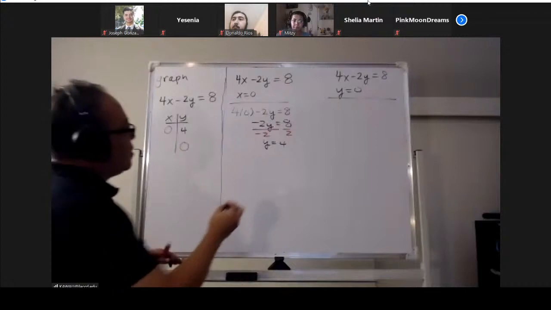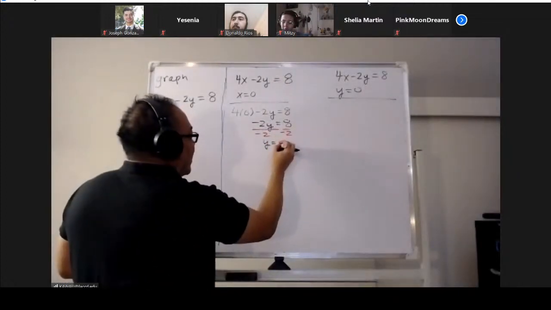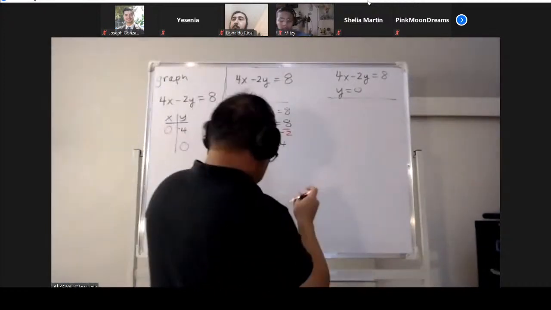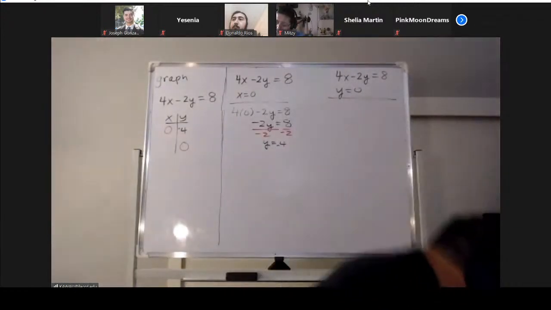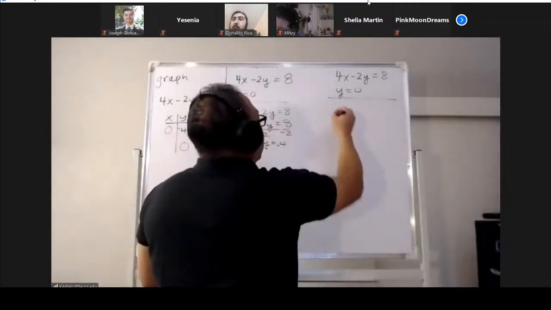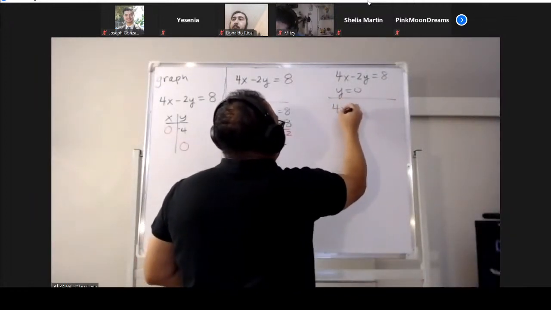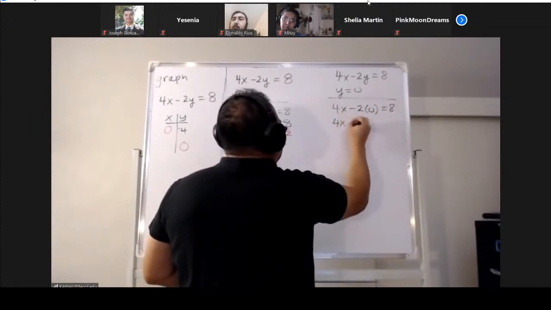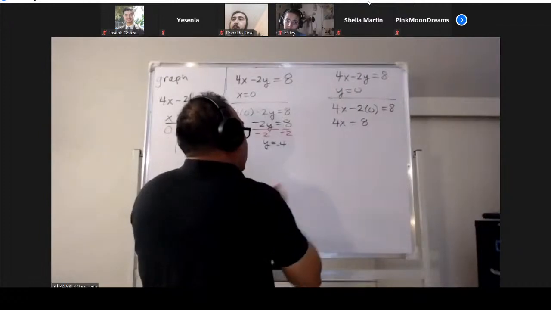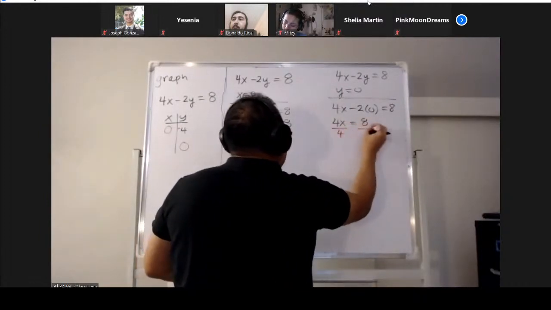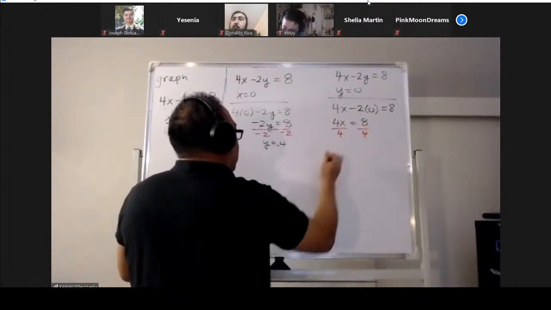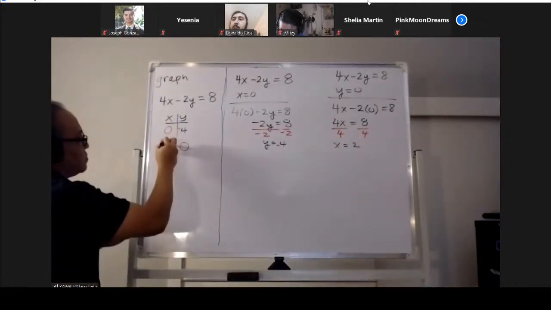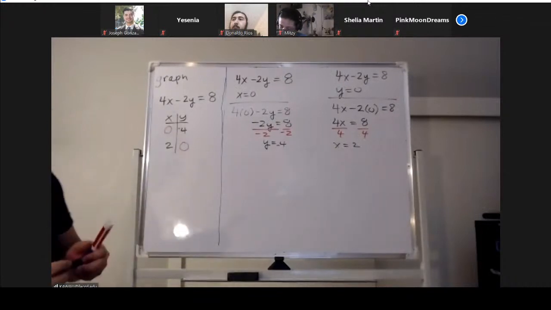Shouldn't the answer be negative? Yeah. Yeah, thank you. Okay, I just noticed that too. Thank you. Okay. And then over here, we have 4x minus 2 times 0 is equal to 8. 4x is equal to 8. And then we're going to divide both sides by 4. And then x is equal to 2. So go ahead and graph that puppy.